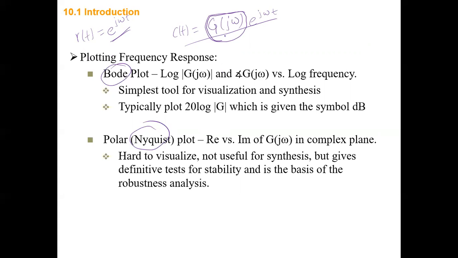Take the log of this, because it has two parts: the magnitude, which can be written as |G(j omega)|, and the phase, which can be written as the angle of G(j omega).